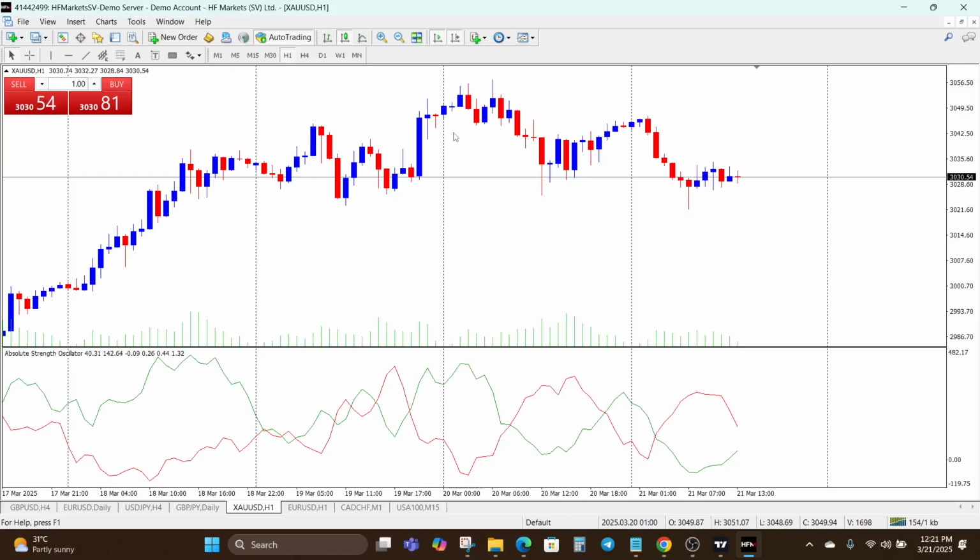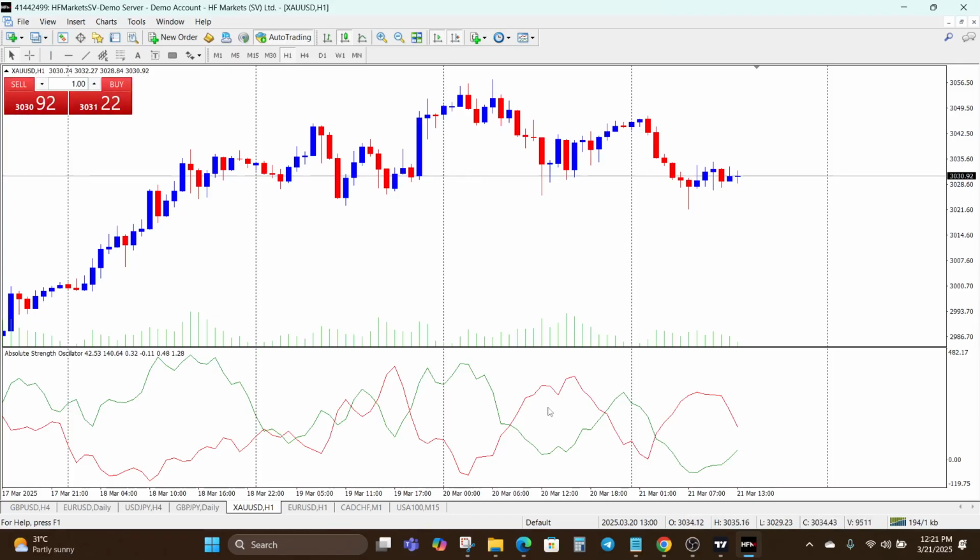Now, how does the Absolute Strength Oscillator work? Well, the ASO operates using two modes, the relative strength index and the stochastic oscillator. This means that you can adjust it to fit different market environments.